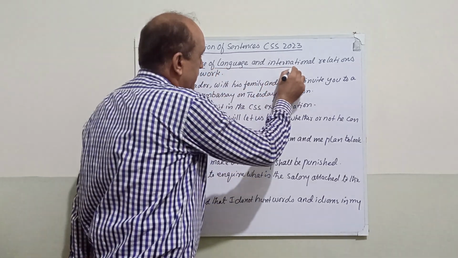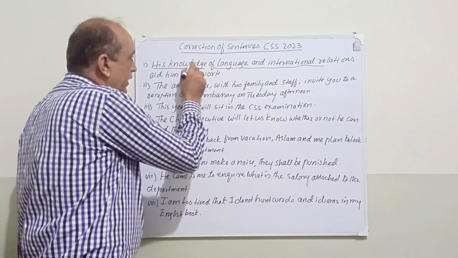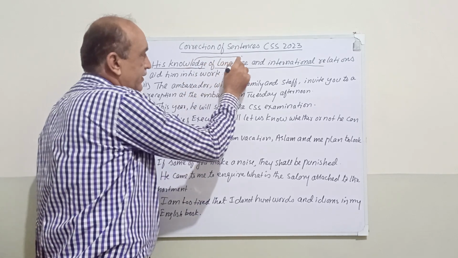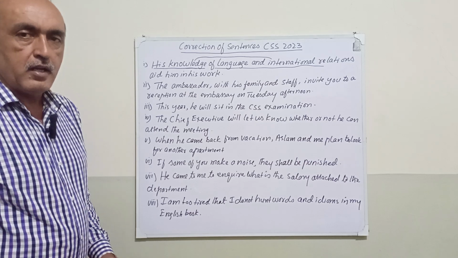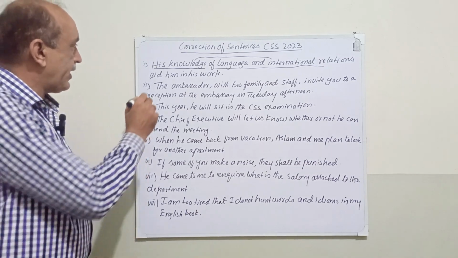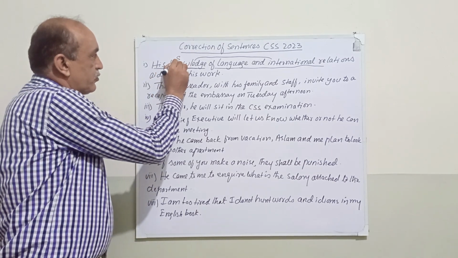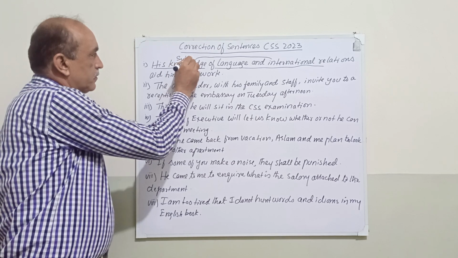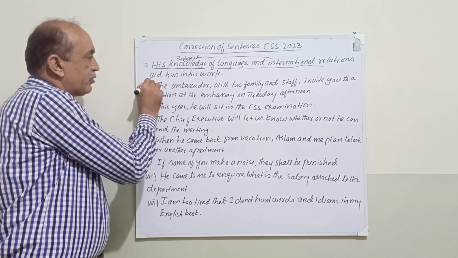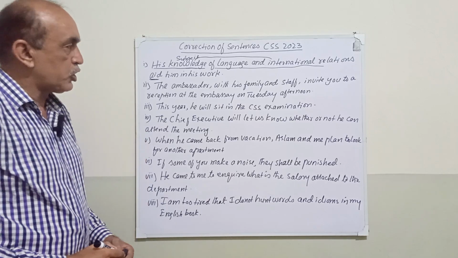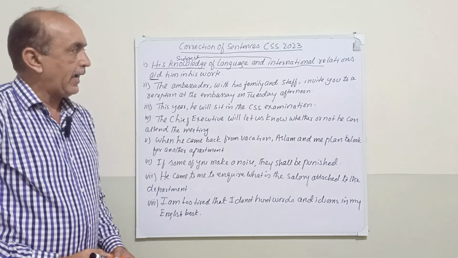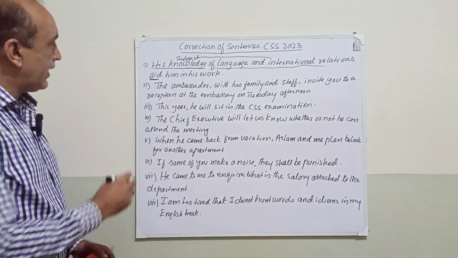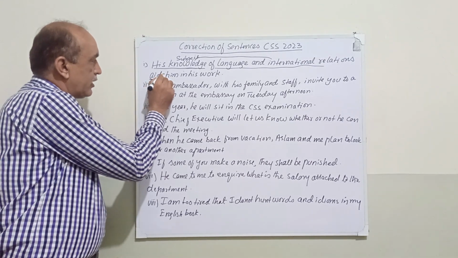The subject is only knowledge. If this is the subject and this is the verb, then it should be: his knowledge of language and international relations aids him in his work.